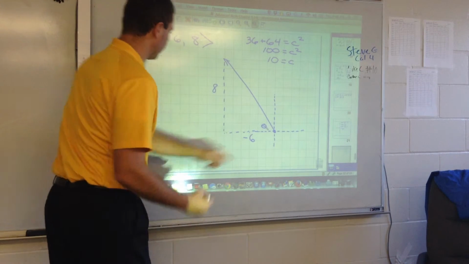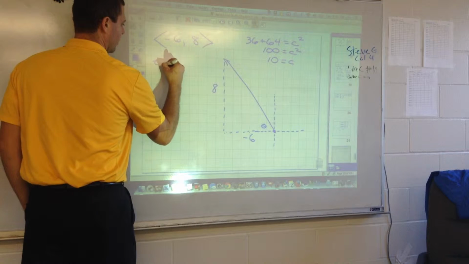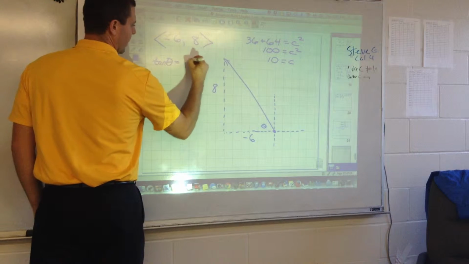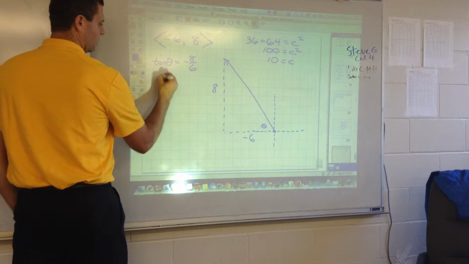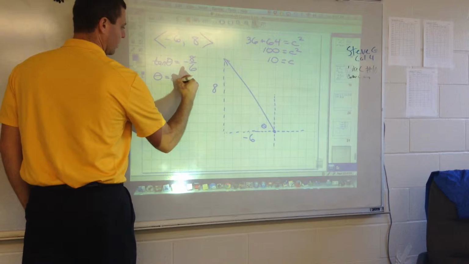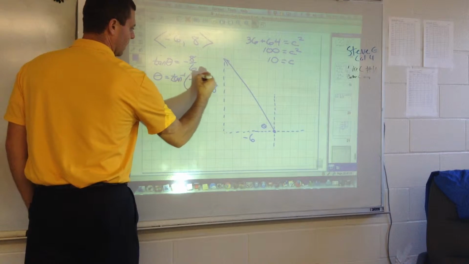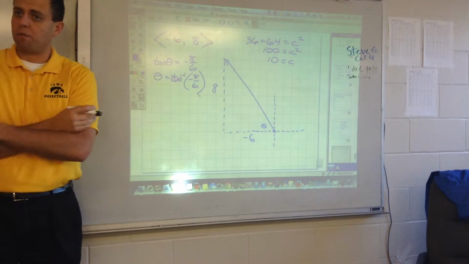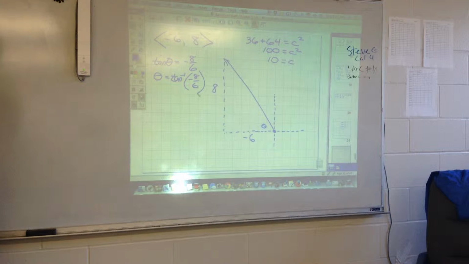Because the tangent of theta would equal negative 8 over 6. So theta would equal the inverse tangent of negative 8 over 6. I need a little help from calculators right now from you guys.